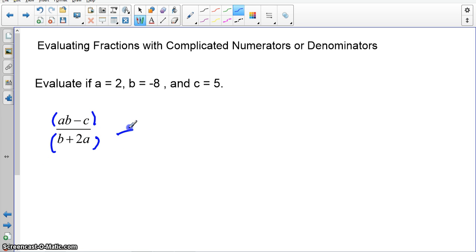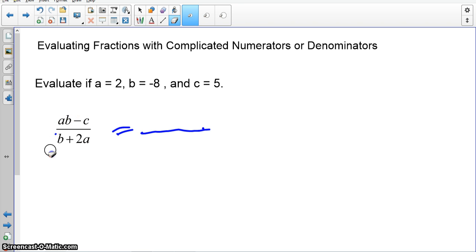And so you basically have to figure out the numerator and denominator first separately. You can't do any dividing until the last step, and you might not do any dividing really, technically, even though this is a division problem. Those parentheses look ugly, so I'm going to get rid of them.